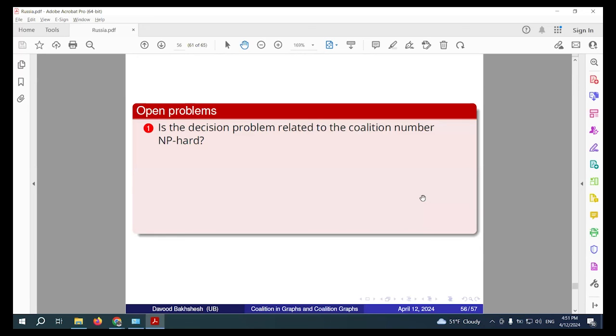I think it is an interesting problem for researchers to work on. I guess this problem is NP-hard. Another problem is whether there is a polynomial time algorithm to determine if the coalition number of G is equal to 4 or not.